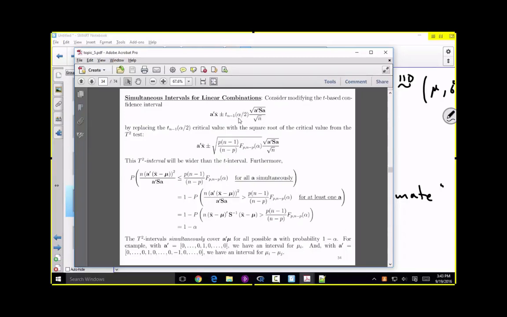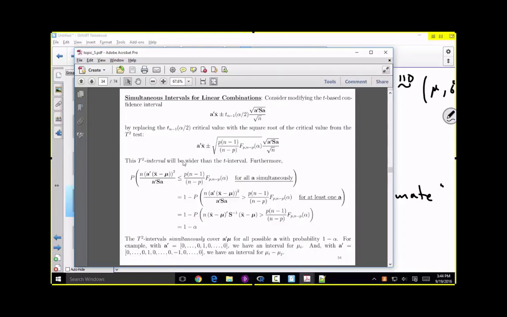It turns out that the magic number, or one magic number we could use, comes from that T-squared distribution. So instead of a t critical value, like this one, if instead you put the square root of a scaled F critical value, this number, it turns out, will be bigger than that number, which means these intervals are going to be wider.